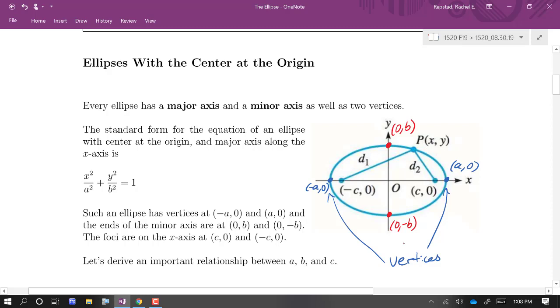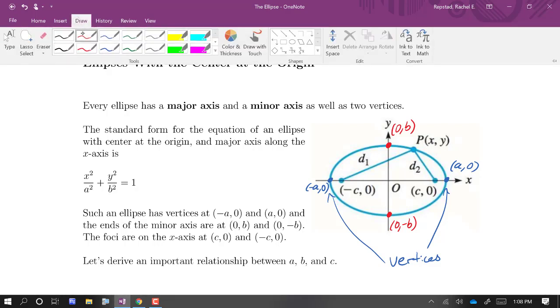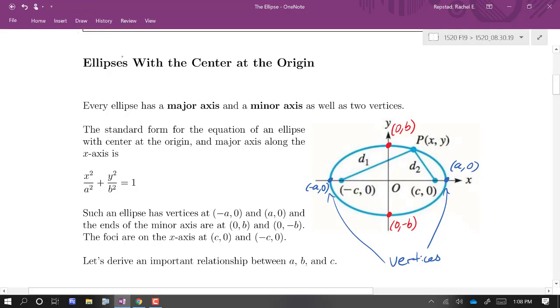The long axis is called the major axis, and the short axis is called the minor axis. So those points at the top and the bottom, the (0, b) and the (0, negative b), we just call them ends of the minor axis. They don't have a special name. But this is the major axis. And this is the minor axis.